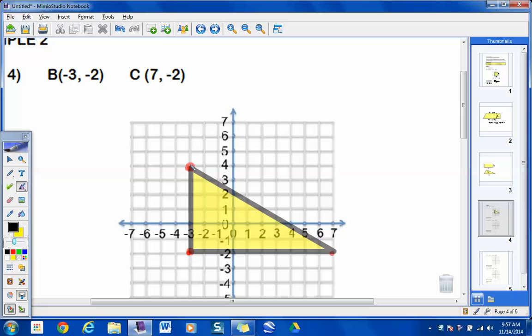Make sure you've got that down here in a second. Top of page 2.